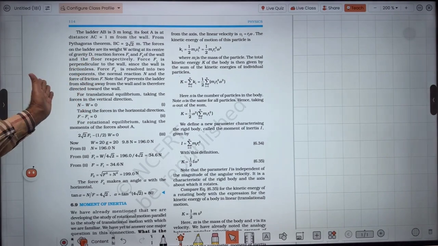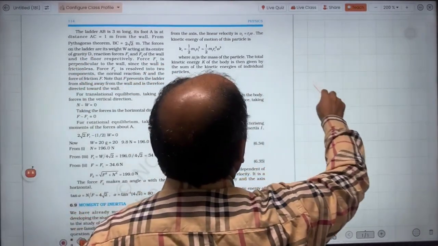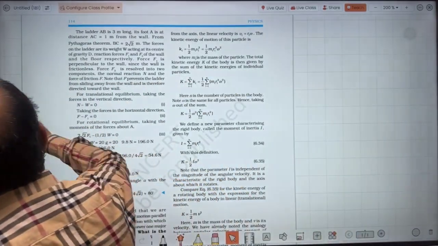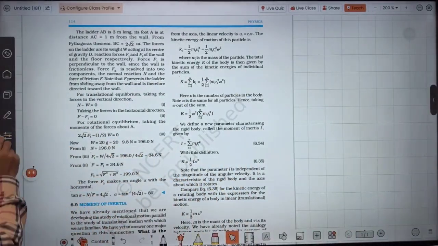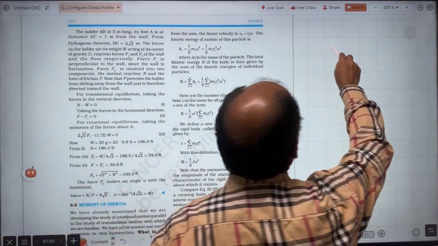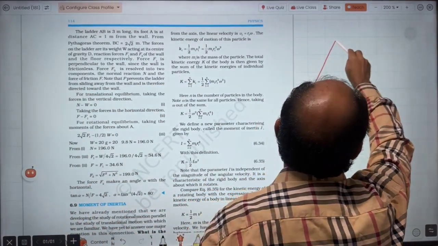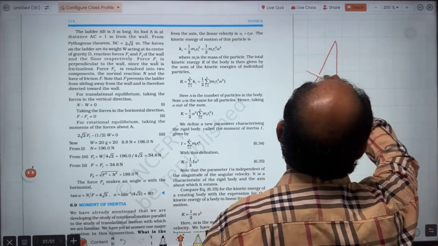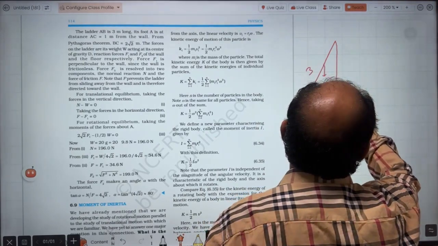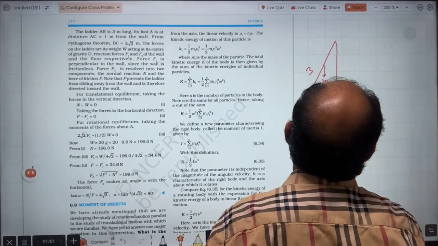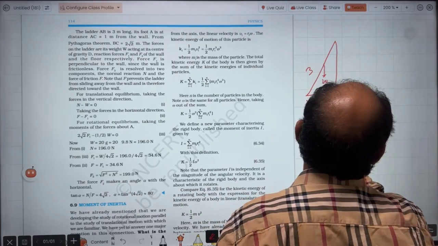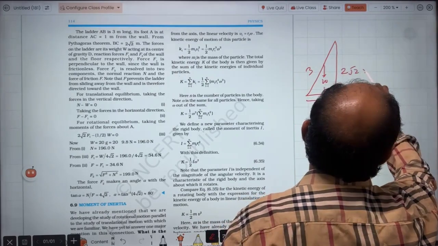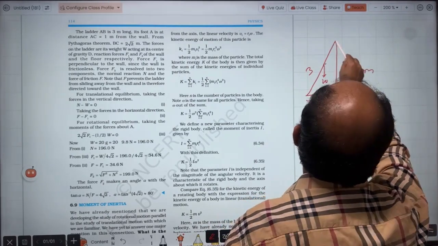Ladder AB is 3 meter long, and its point A is at distance AC 1 meter from the wall. So situation, either we can draw different forces here so that thing may become clear. So here this situation, this is 3 meter, here its weight is acting W, and this is 1 meter, this is 2√2 meter, this is 3 meter.